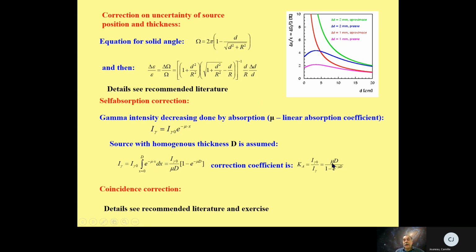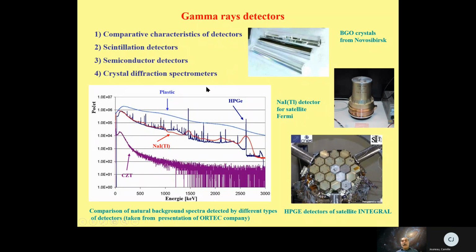This ratio is given by a material constant, the absorption coefficient, and the thickness of the foil. It is also necessary to do corrections based on coincidences. I already said something about pileup and these things, and it is necessary to correct for this, but we will discuss this during our exercises.